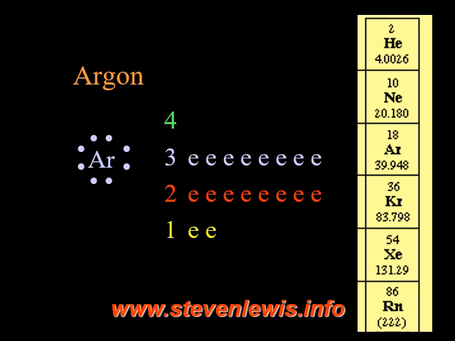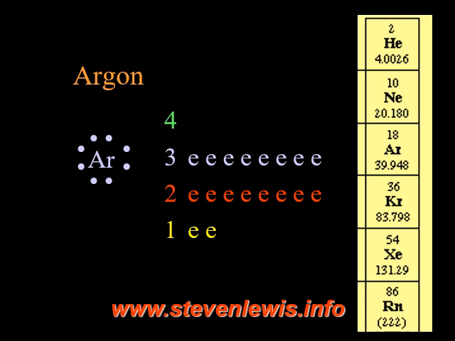If we were to draw the valence electron dot structure for argon, we would write the symbol for argon, capital A, lowercase r, and then we would put 8 dots around it, symbolizing the 8 valence electrons. Since the valence shell is full of electrons, we would expect that argon is going to be very unreactive.